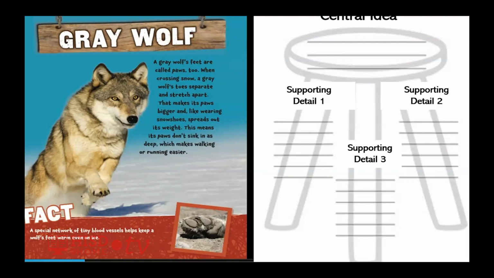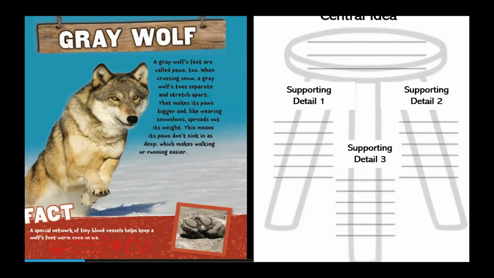A gray wolf's feet are called paws too. When crossing snow, a gray wolf's toes separate and stretch apart. That makes its paws bigger and, like wearing snowshoes, spreads out its weight. This means its paws don't sink in as deep, which makes walking and running easier.